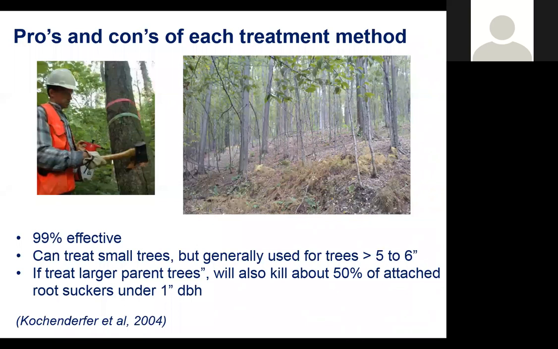So I will also mention that this is not a one-time treatment, so we'll probably have to go back and do some follow-up spraying of those smaller root suckers that weren't killed initially. But that's a way to maybe minimize some of the foliar application that you might do on those smaller stems.